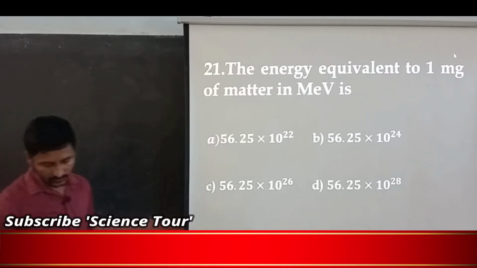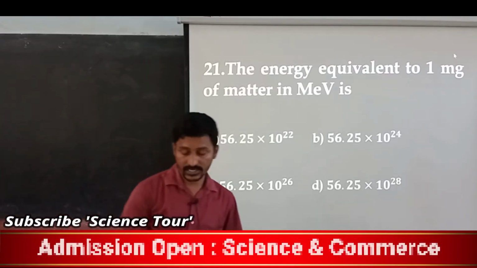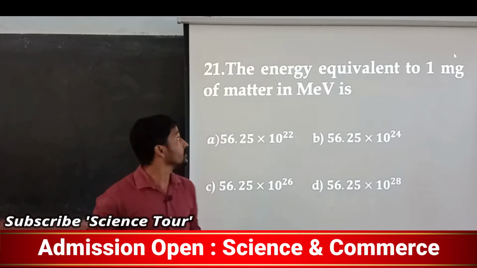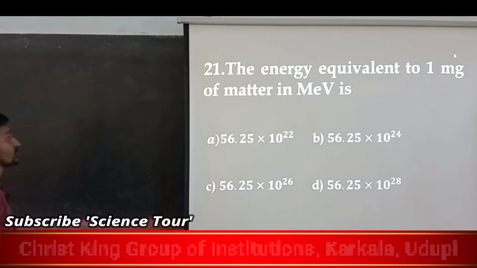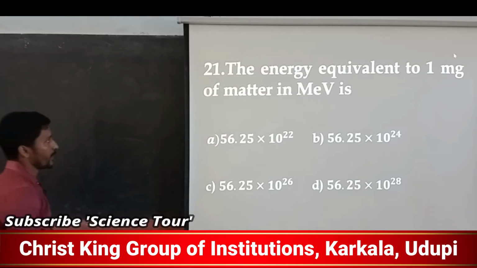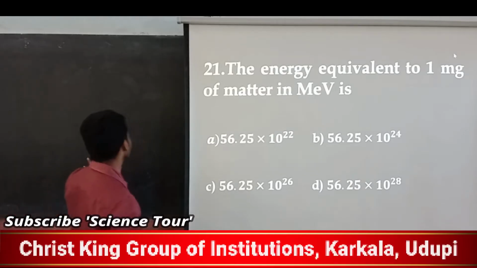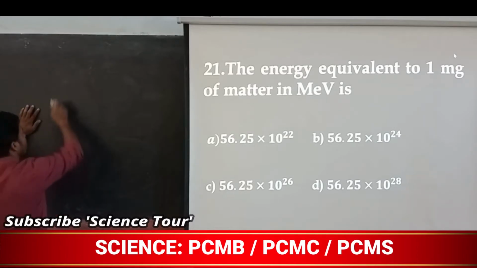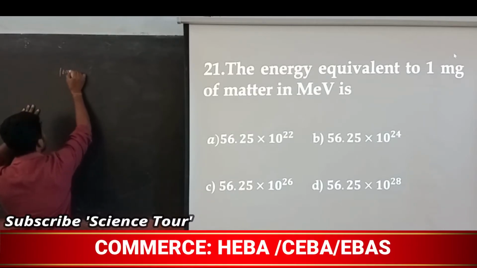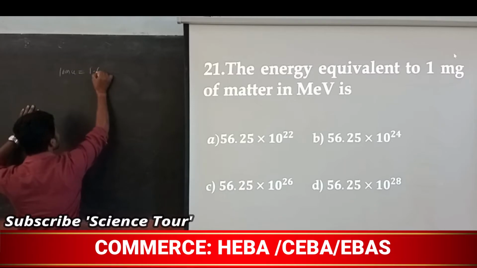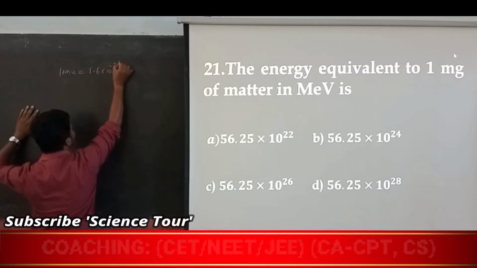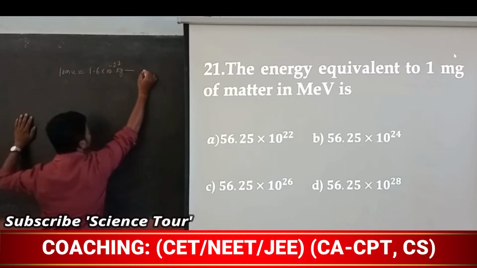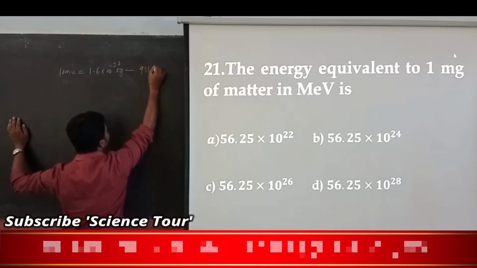Now the next question: the energy equivalent to 1 milligram of matter in MeV is. 1 AMU means 1.6 into 10 to the power minus 27 kg, which is equal to 931 MeV.